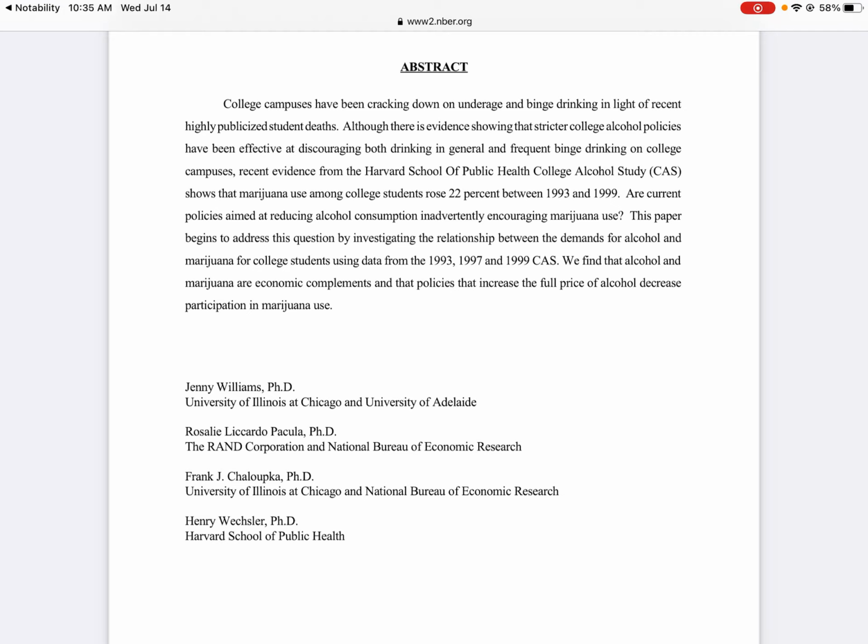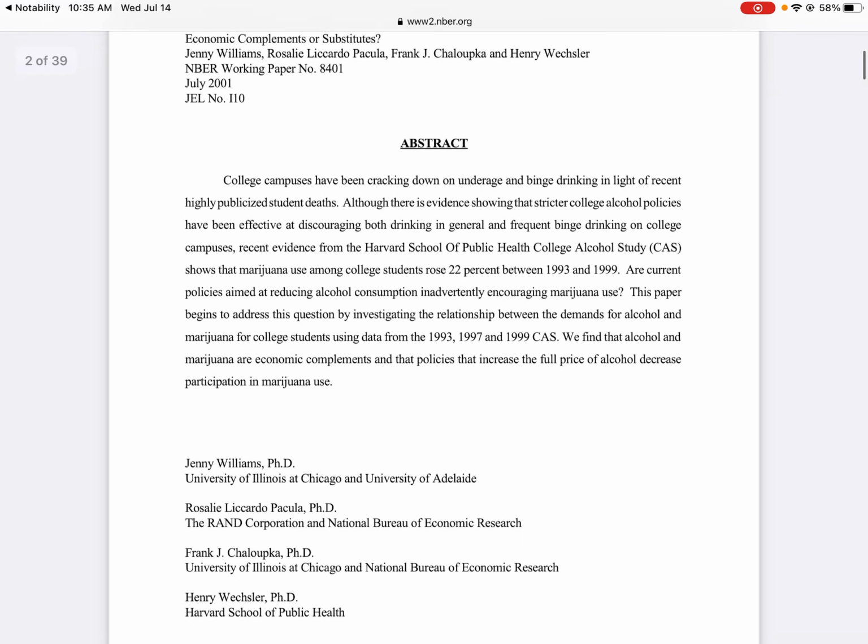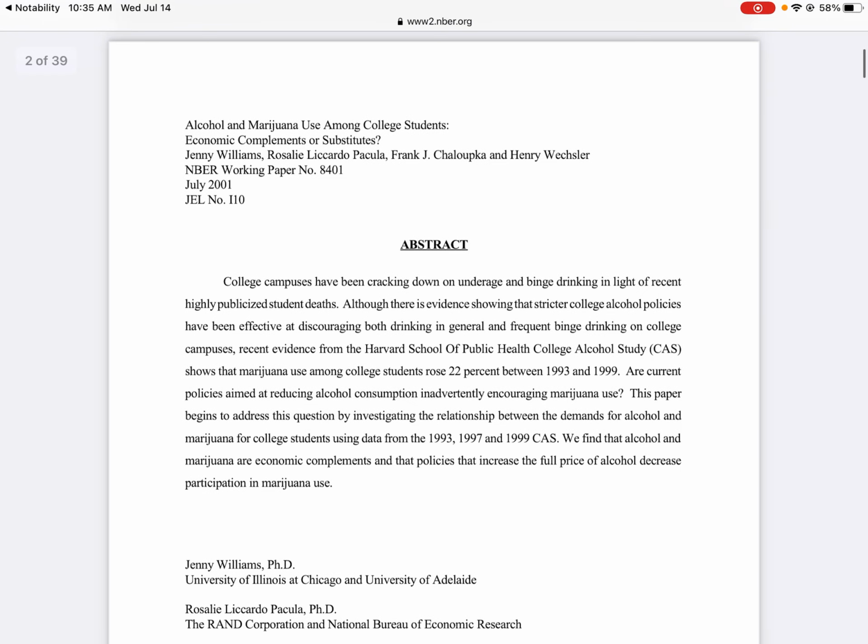We find that alcohol and marijuana are economic complements, and that policies that increase the full price of alcohol decrease participation in marijuana use. This is economics everywhere. These are economists using the tools to think about these questions, and it has policy implications. If you're an administrator at a college, this might be of interest to you in figuring out how to best manage your school and protect student health.